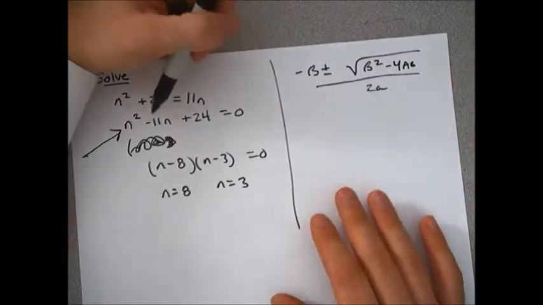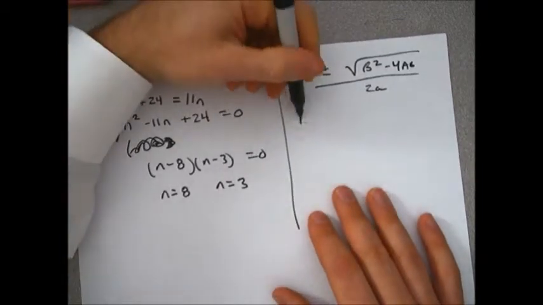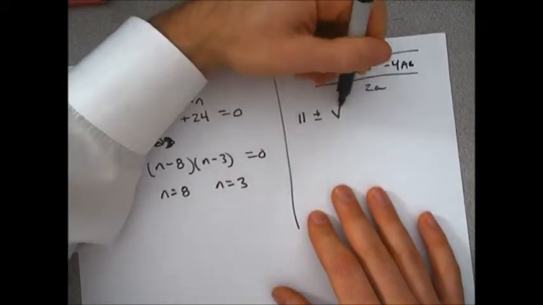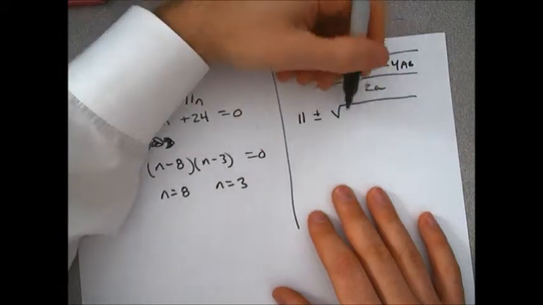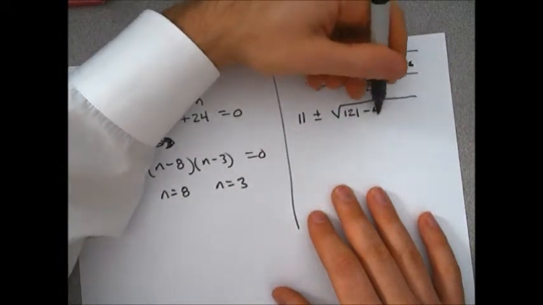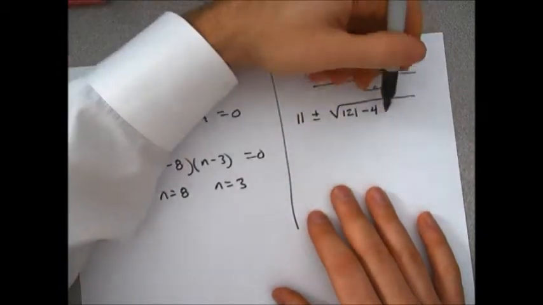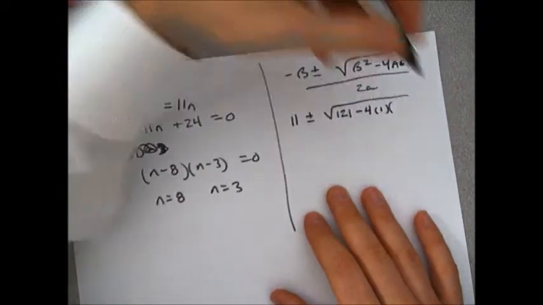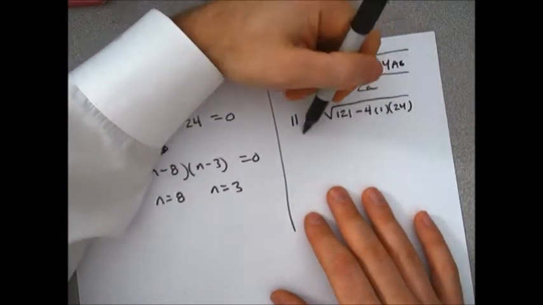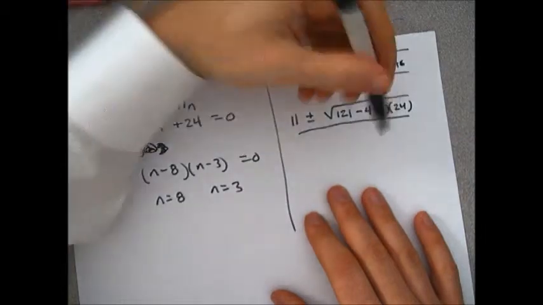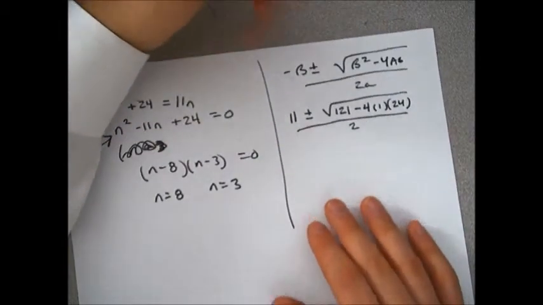If we did that, negative b would be a positive 11, plus or minus the square root of b squared, which is 121, minus 4 times a times c, all over 2a, and a is 1, so that gives us 2.